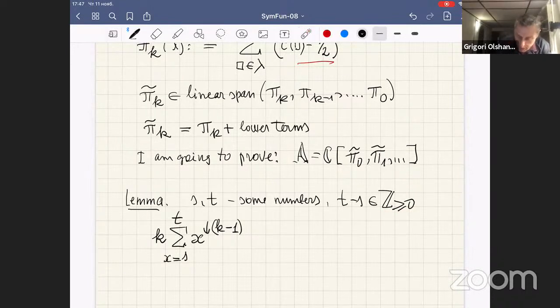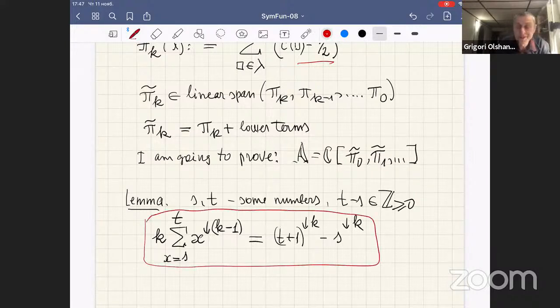And the claim now is that it is equal to t plus 1 to k plus 1 minus s to k plus 1, divided by k plus 1. Look at this. What does this mean?